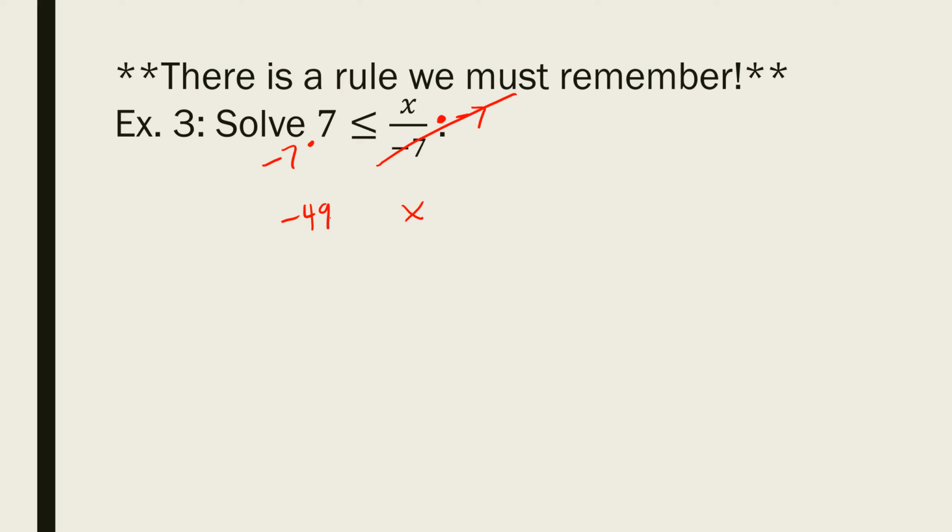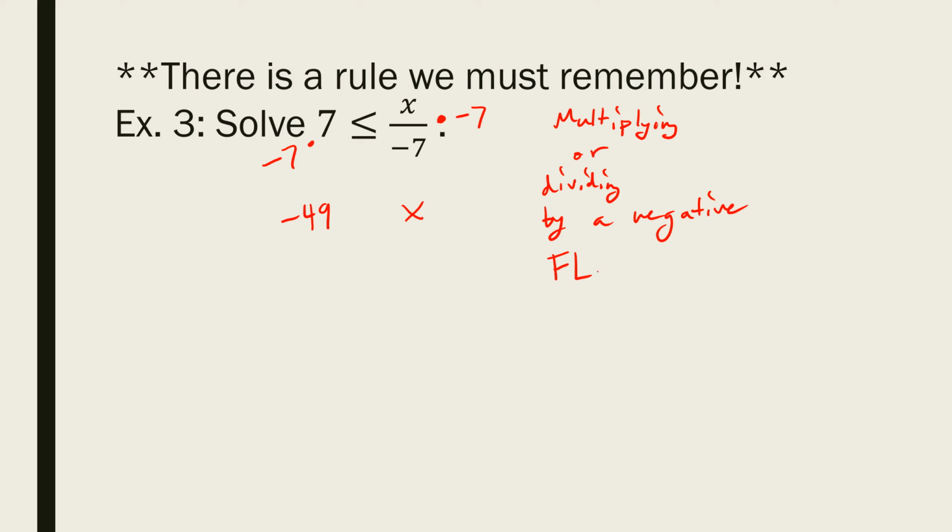Here's the tricky rule. When we are multiplying or dividing by a negative, we have to flip the direction. So this changes to this.